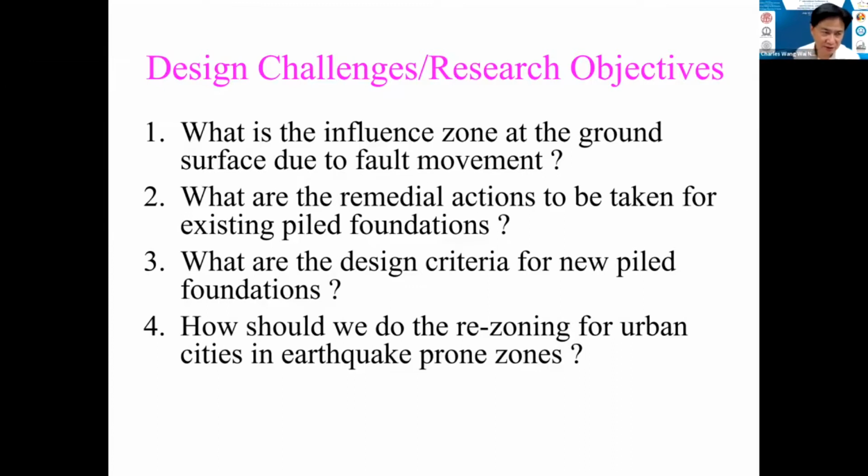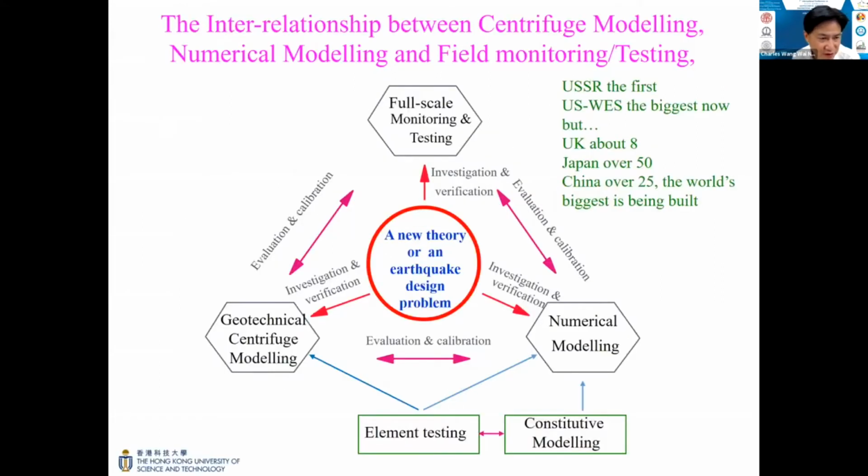So those are the design challenges imposed on us by the Beijing city government, and that obviously became our research objective. So we were commissioned to carry out over 30 geotechnical centrifuge tests. And this is a picture showing the interrelationship between centrifuge modeling, numerical modeling, and field monitoring.